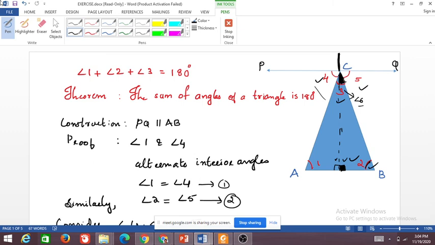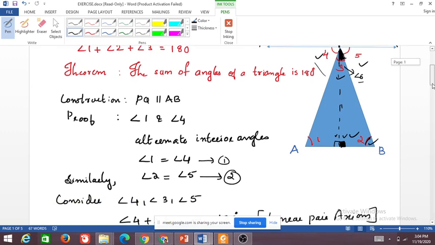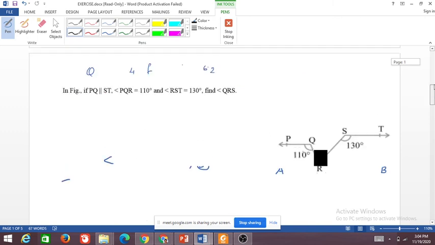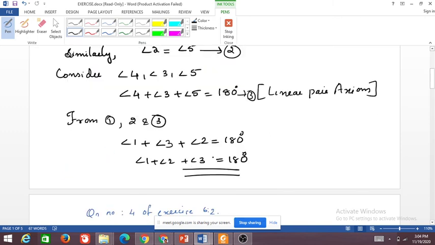Ma'am, here you prove that angle 1 plus angle 2 plus angle 3 equals 180. Here you substitute in the places, when we get a final answer, angle 1 plus angle 2 plus angle 3, in the last step, ma'am.